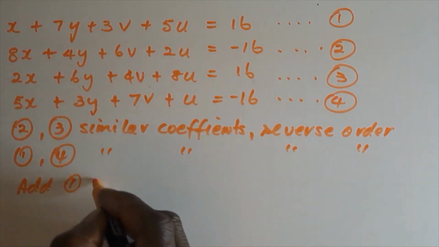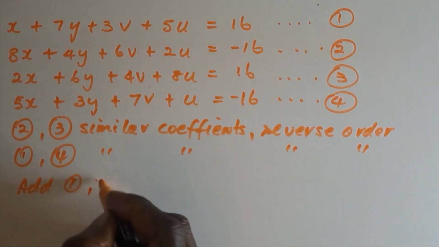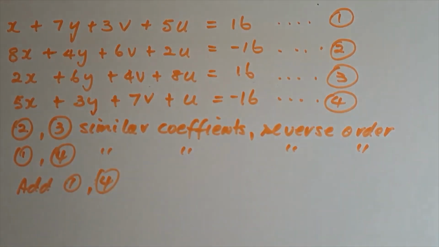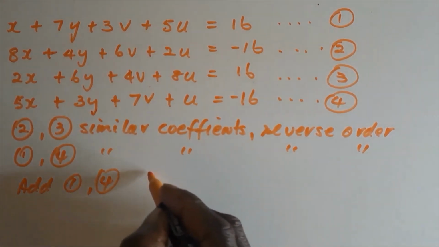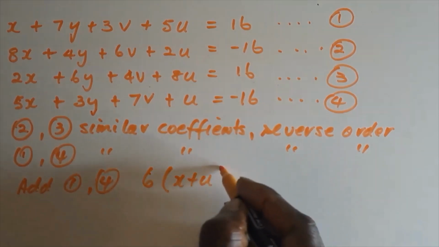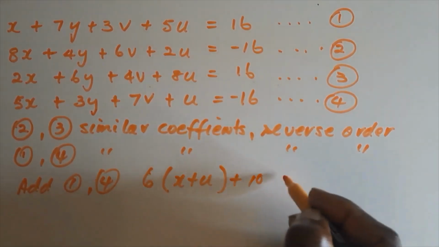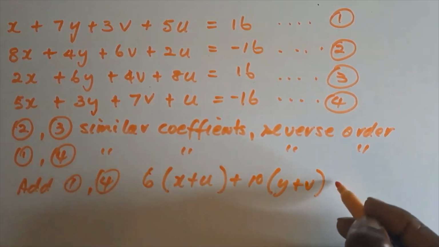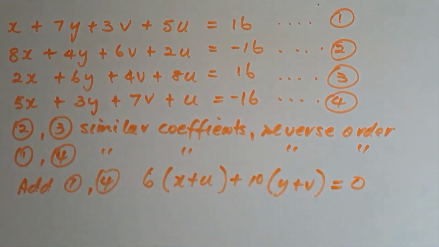Now if we add equation 1 and 4, and I urge you to go through this, we have 6 into x add u, add 10 into y add v, that's equal to 0.